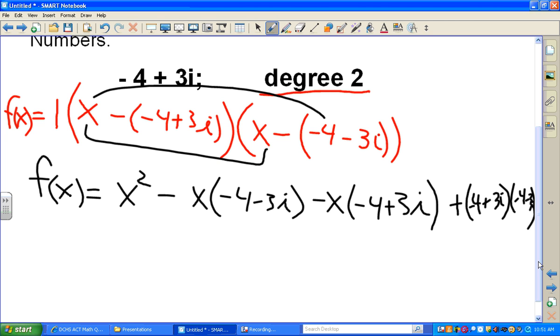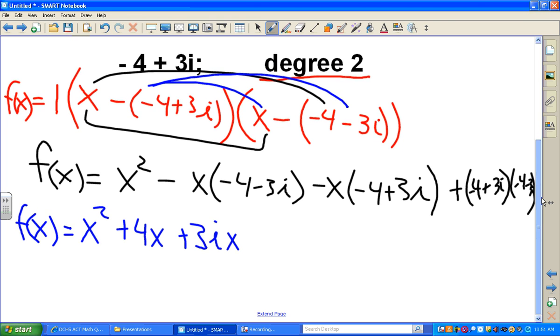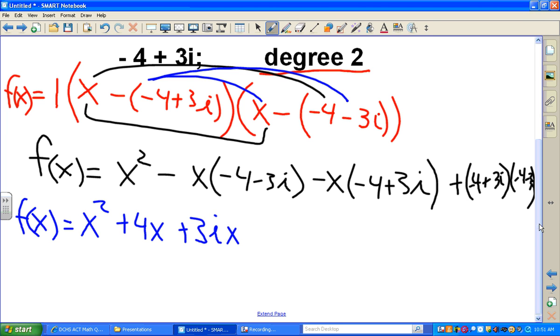So I foiled it all out, and then I multiplied that and that. So finally I have f of x equals x squared. You guys can probably do this in a lot faster steps than I can, but I always like to make sure I don't make mistakes. So it's plus 4x plus 3ix. All I'm doing is getting rid of the parentheses so I can combine like terms.